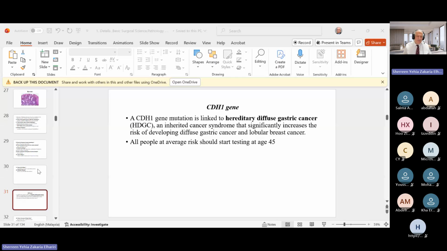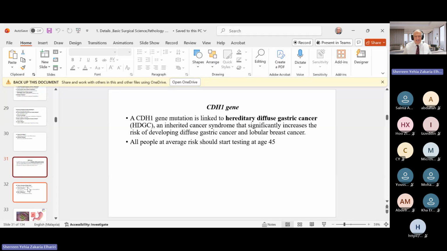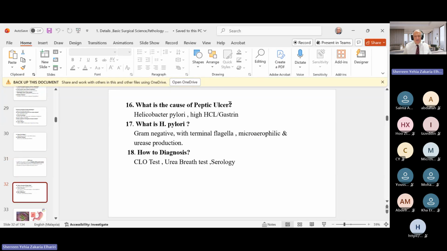All right, so back again because we have time. What is the cause of peptic ulcer? We're still in the same station. What is the cause of peptic ulcer? Non-steroidal anti-inflammatory drugs, chronic H. pylori infection. What is H. pylori? It is gram-negative, microaerophilic, spiral bacteria with terminal flagella, urease producing.